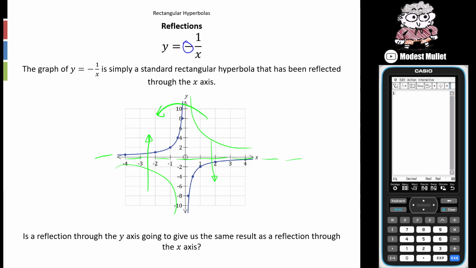So we actually get the same result. And you can play with that. If you wanted to graph y equals -1 on x versus y equals 1 on -x, reflecting about either the x-axis or the y-axis, you'll see that both of those look identical.